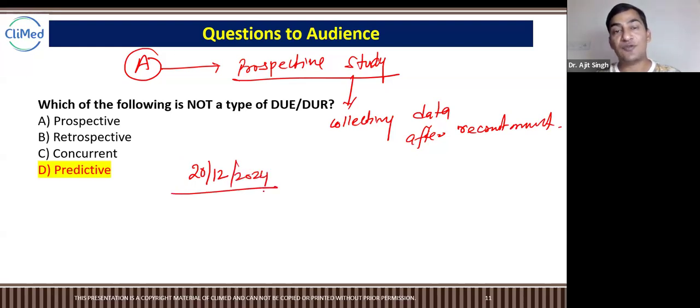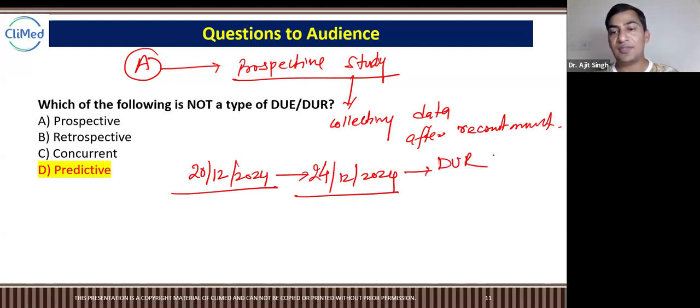Guys, focus. You are recruiting him on the 20th, or maybe on the 24th. And this study is a DUR study, or if you are doing it individually, a DUE study, drug utilization evaluation.